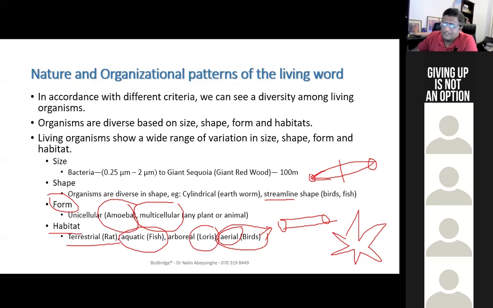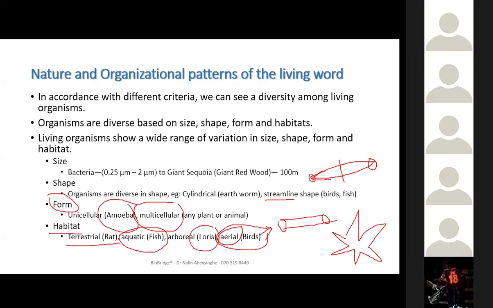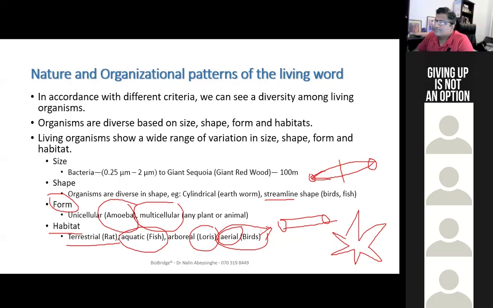What about humans? What is our habitat out of these things? Can someone tell us, please? Yeah, we are terrestrial.